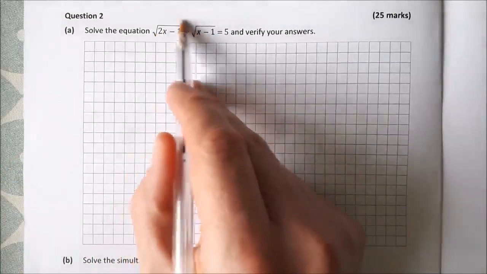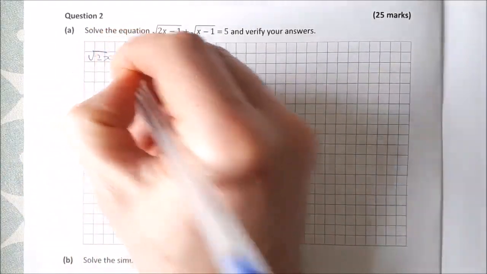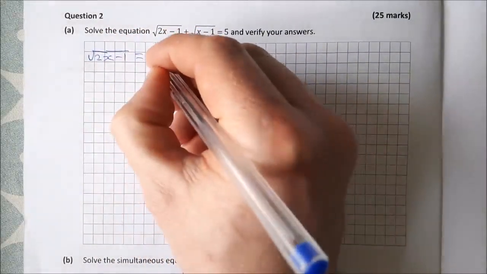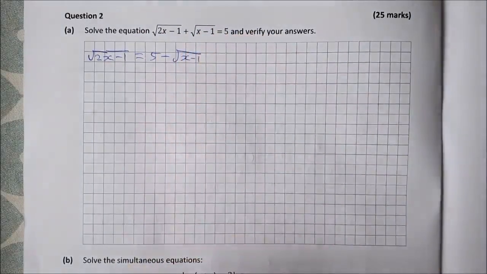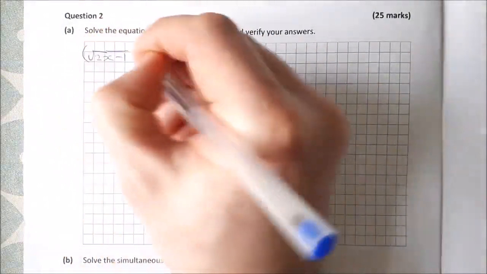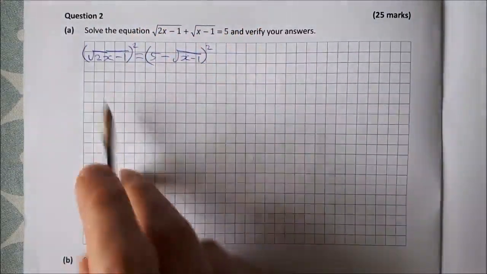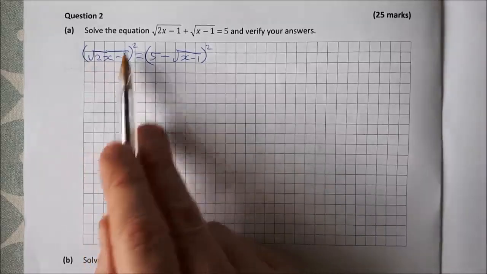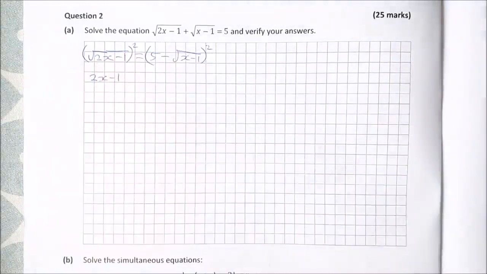So I'm going to start by isolating this one. So it'll be the square root of 2x minus 1 is equal to 5 minus the square root of x minus 1. Now I'm going to square both sides. When I square this side, the square root of 2x minus 1 squared gives me 2x minus 1.